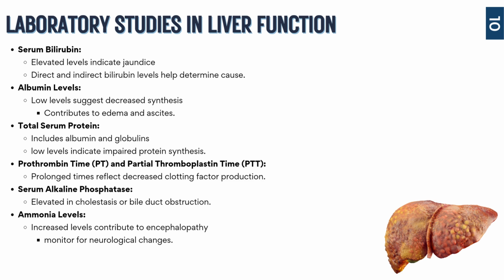In obstructive failure, like bile duct blockages, such as gallstones and all that kind of stuff, the blockage prevents the excretion of conjugated bilirubin, causing elevated levels of direct bilirubin in the bloodstream. So elevated indirect means that there's something going on at the cellular level that caused the liver damage, versus if there's elevated direct bilirubin, that means there was a blockage.